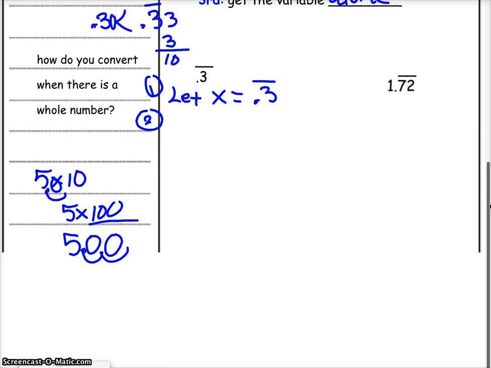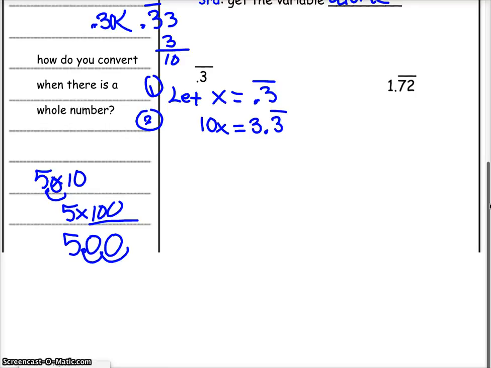So you need to understand that multiplying by tens is moving a decimal over. I want to move my decimal over to get the pattern to the left-hand side. Since there's one number in the pattern, let's multiply x by 10.